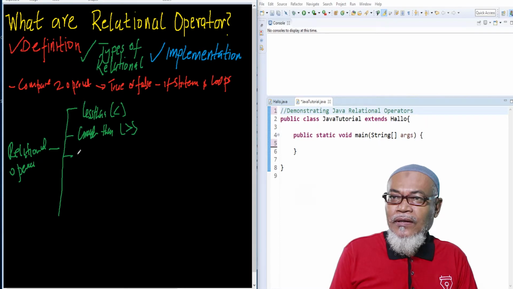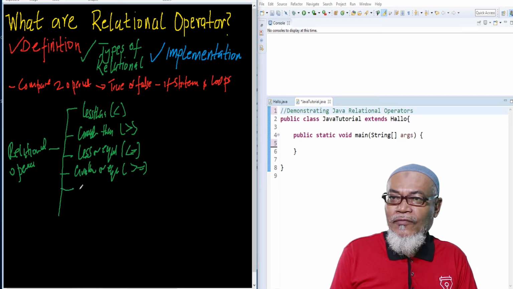The third one is less than or equal to, given by this symbol. Then we have greater than or equal to, given by this symbol.